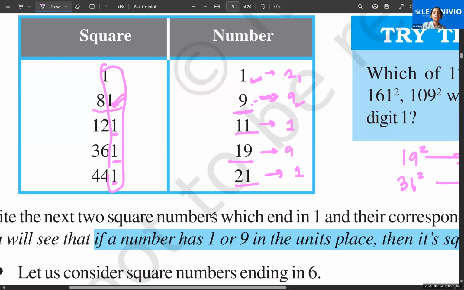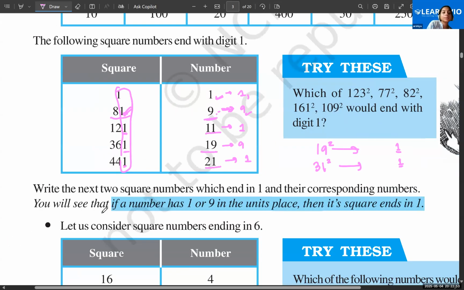Now, if you read this line, you might understand a little bit. Should I write it?